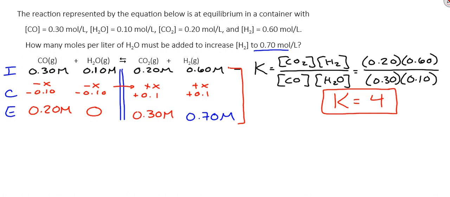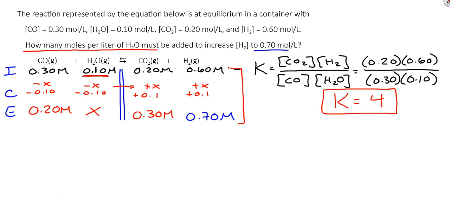So the question is, how many moles, which we are in a liter container, of H2O must be added to increase H2 to 0.7? So I would have to be able to add in a certain amount of this to get to this value right here. So what I'm going to simply do is call this X. I don't know what that is. And I'm going to allow the expression to help me.